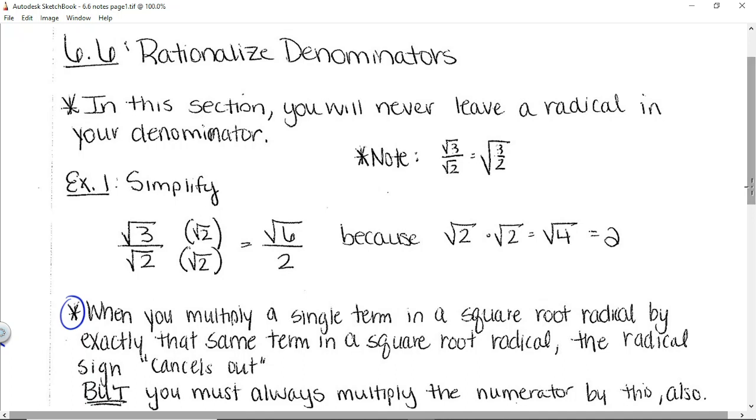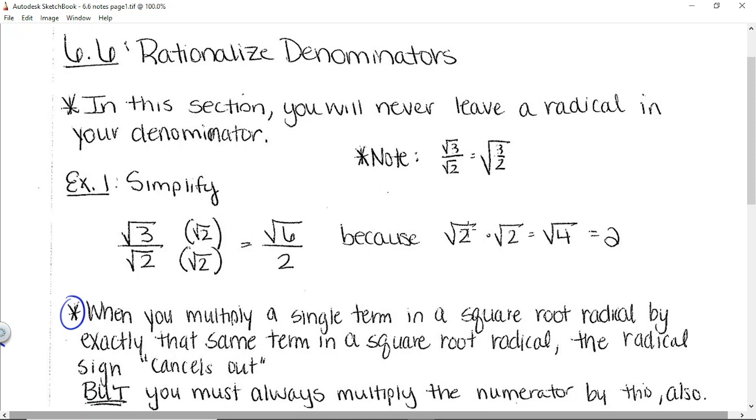So we have 2 in the radical, and we just multiply that by another radical that also has 2. It cancels out, and it gives us 2. Not the square root of 2 anymore, just 2.